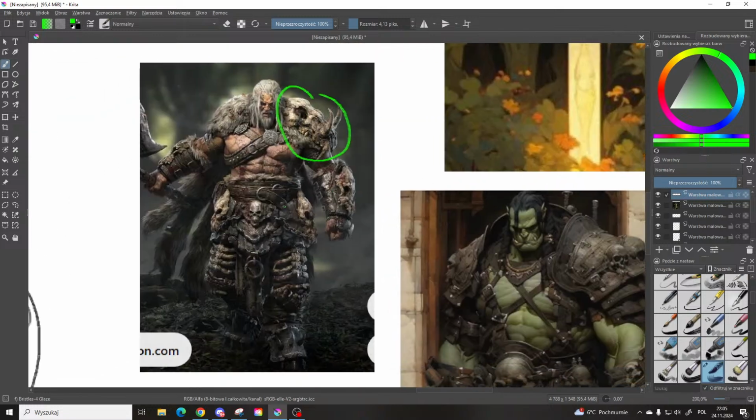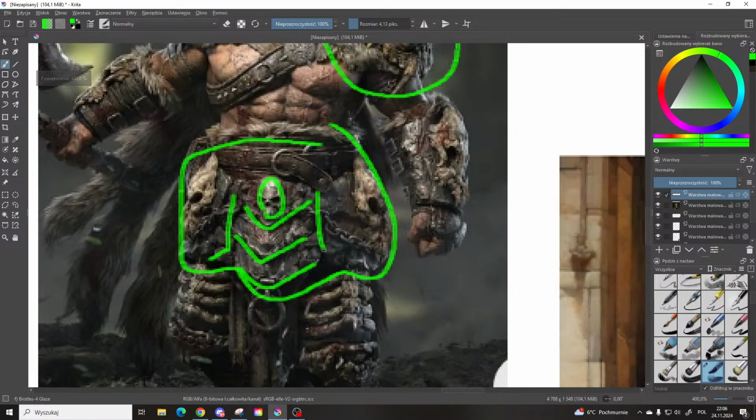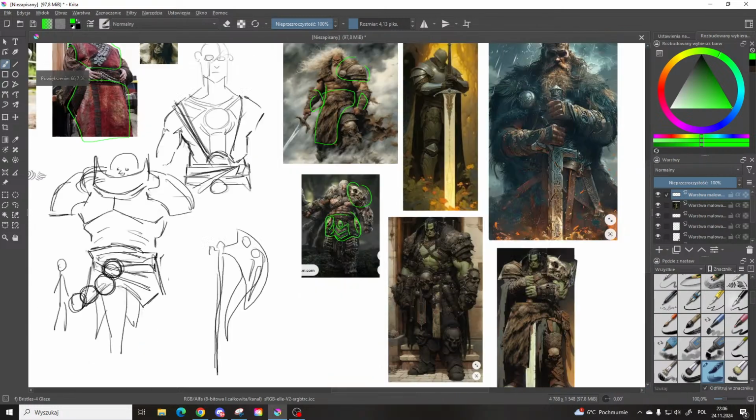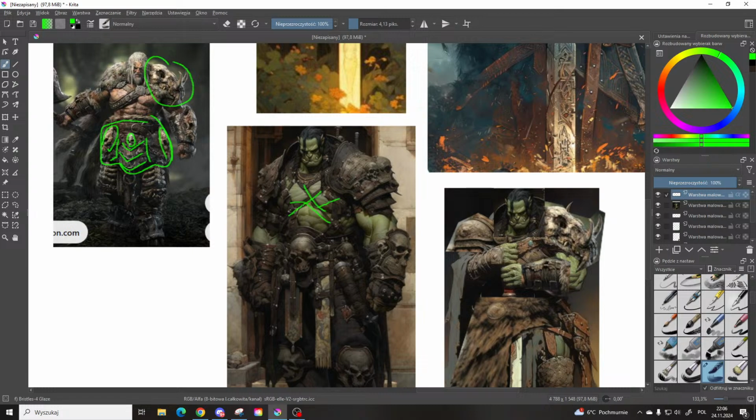This is cool, and this belt is actually super interesting. It has very iconic shapes for some reason, and it just has a cool composition on the belt here. This one has too much for me.